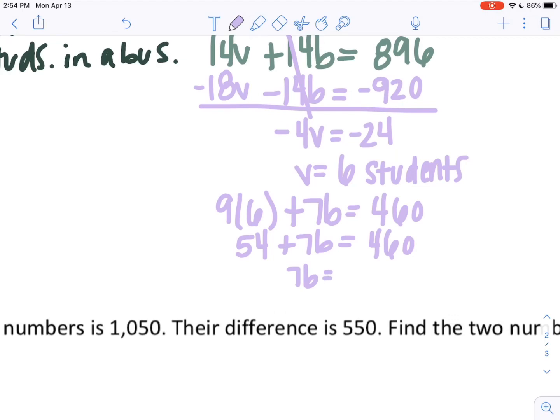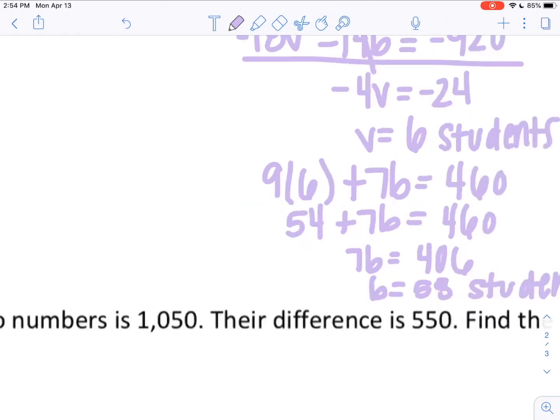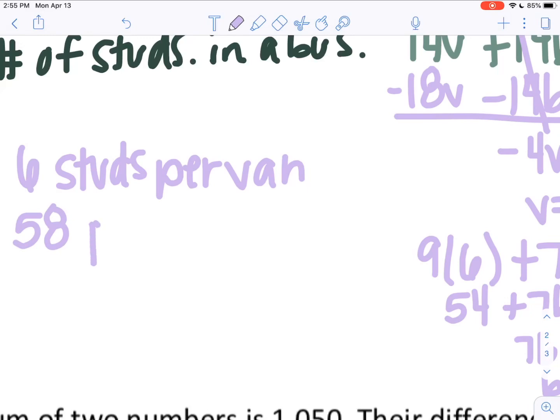So 7b equals 406. So B equals 58 students. Okay, so 6 students per van, 58 per bus.